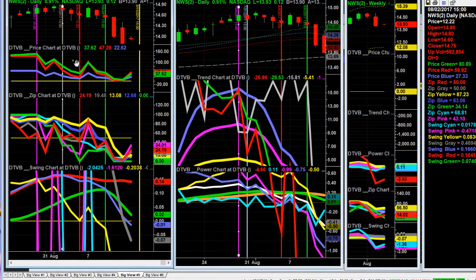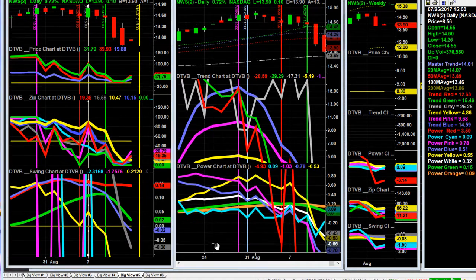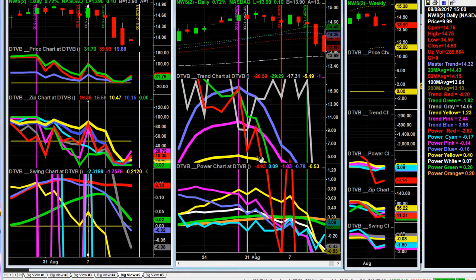And this, if I move the gray over to here, this green candle that we see right here, this is basically a rally in a downtrend. And how do we know that? We know that through the zip, or the yellow twins, zip yellow and power yellow. We can see that down here.